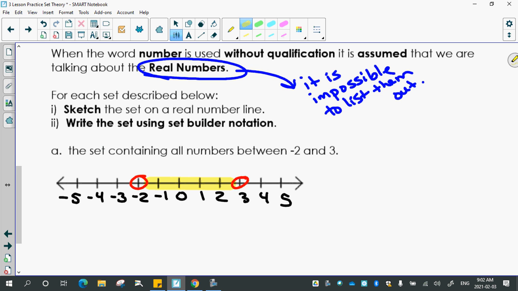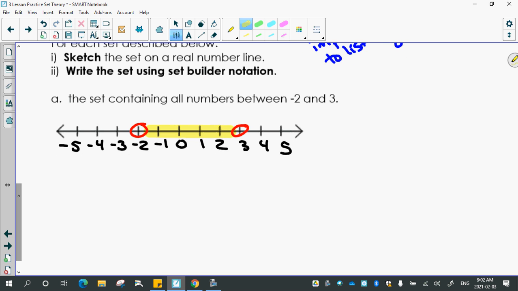Now we want to write it in set builder notation. This doesn't have a letter to call it, so we'll just use the set notation. And we'll say X has to belong to the real numbers, which is easy to draw, 2 sticks and then your R, as long as... and now we want to describe this set. And we do have boundary points again.